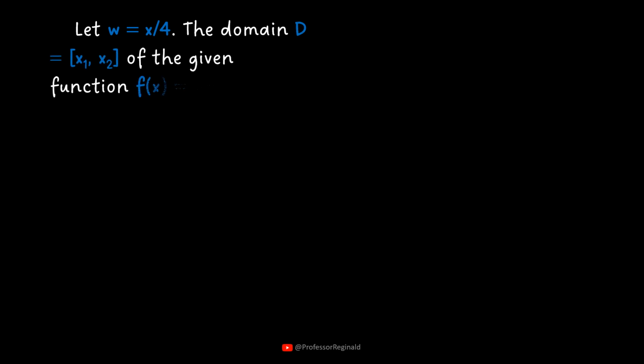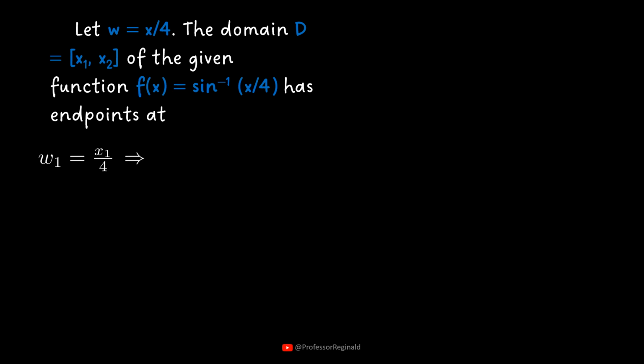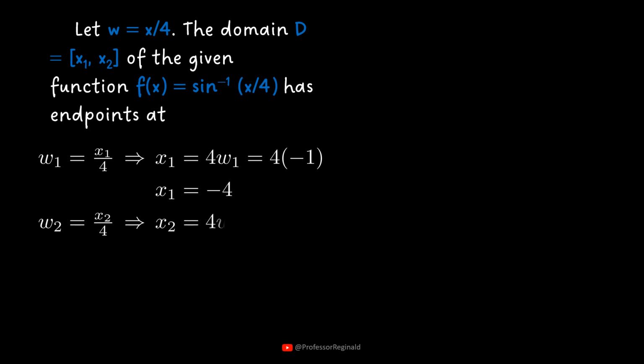Let w equals x over 4. The domain D of the given function f of x equals the inverse sine of x over 4 has endpoints at x1 equals -4, x2 equals 4.